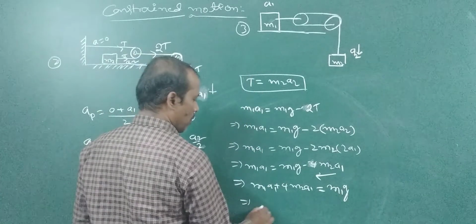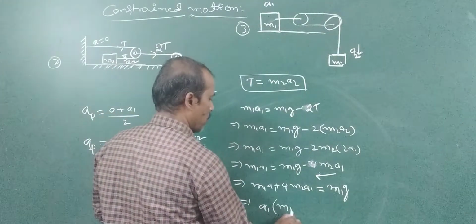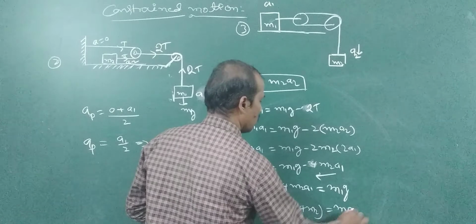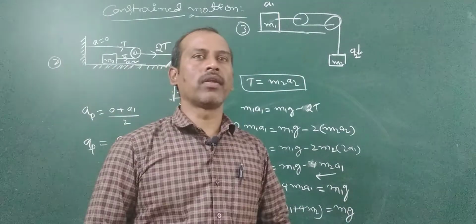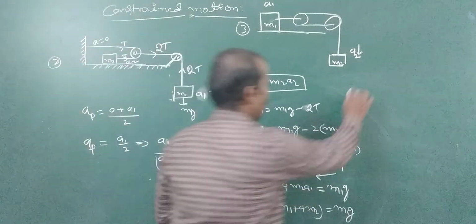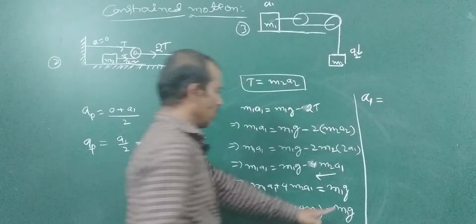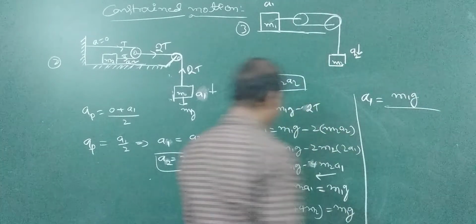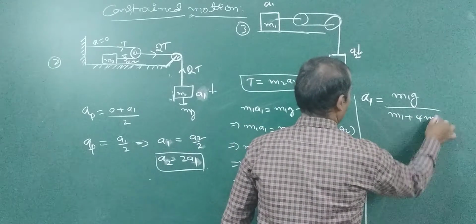A1 is common, so A1 times (M1 plus 4 M2) is equal to M1 g. So the acceleration of the block M1, A1, is equal to M1 g by M1 plus 4 M2.